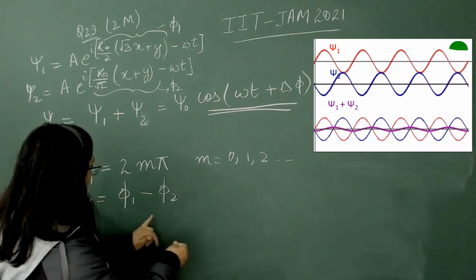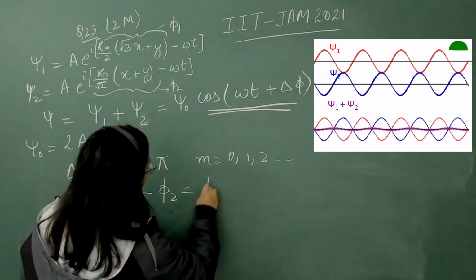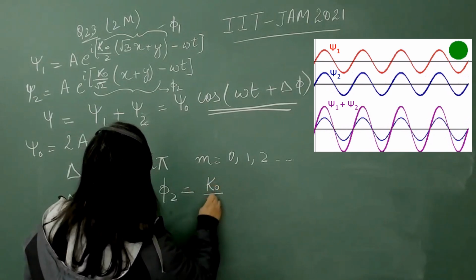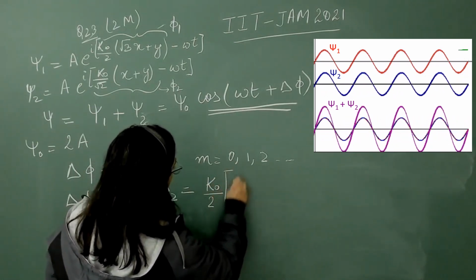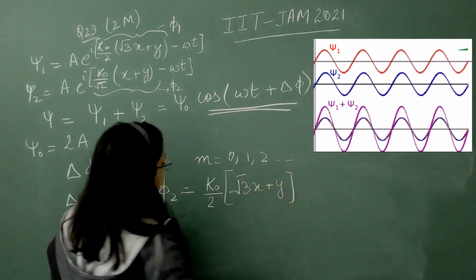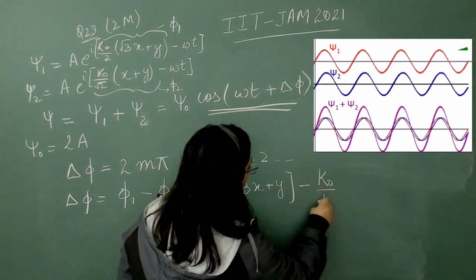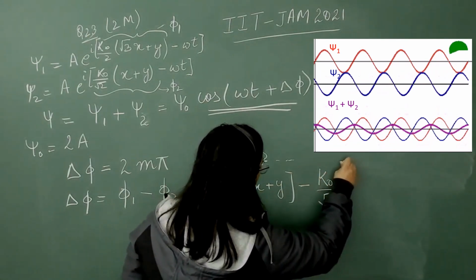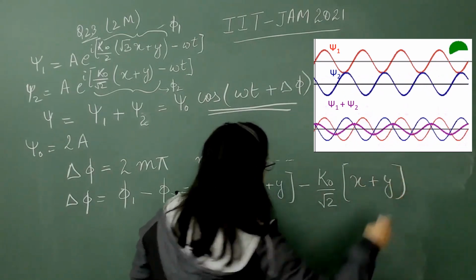So delta phi is equal to k naught by 2 into (root 3 x plus y) minus k naught by root 2 into (x plus y).